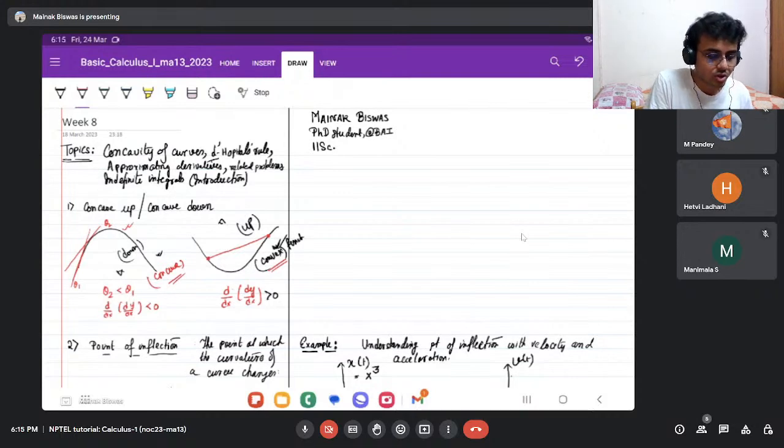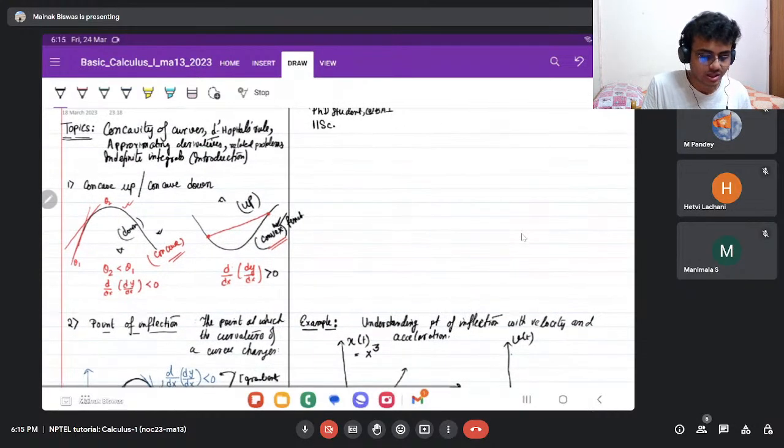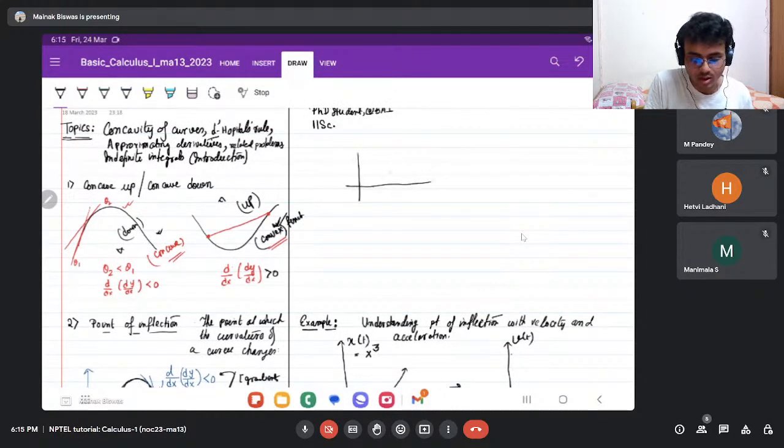Now how do you do it using calculus? How do you understand if a curve is concave up or convex, or concave down? So what you do is, if the curve is something like this, let's consider a concave up curve for our understanding.